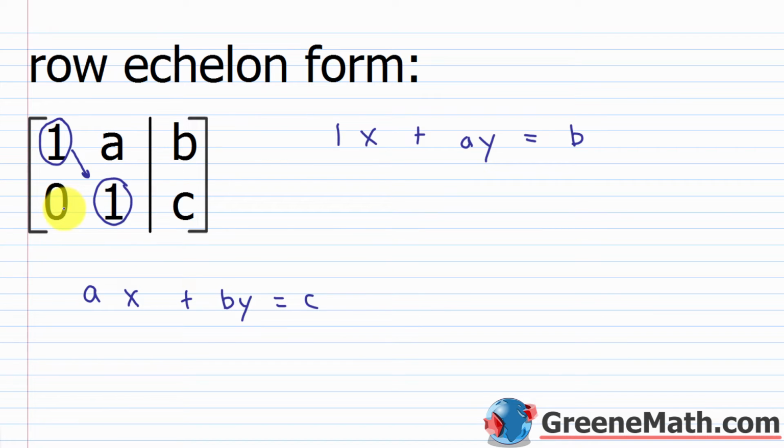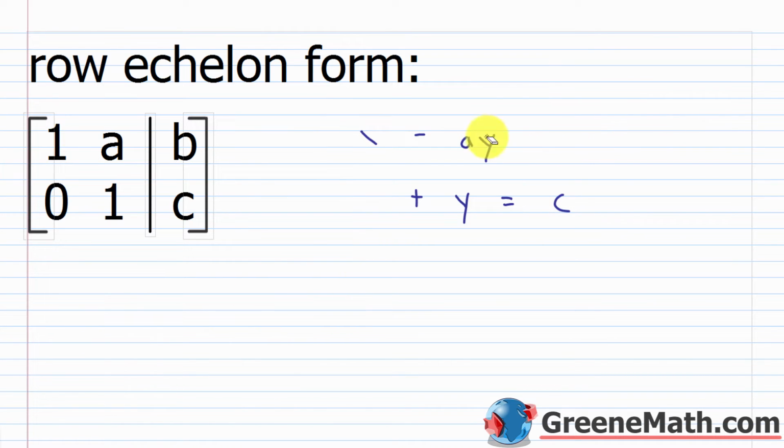And I know here that I have 0x, so x is eliminated, plus 1y, or just y, equals C. So from this, if I know y equals C, I can plug in for y here, and I can find out what x is. Again, we're just taking the numerical information and finding our solution. So again, this is row echelon form. I want you to write that down. And then once we get this down, I'm going to show you reduced row echelon form, which isn't any more complicated.